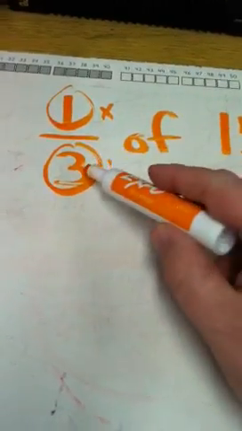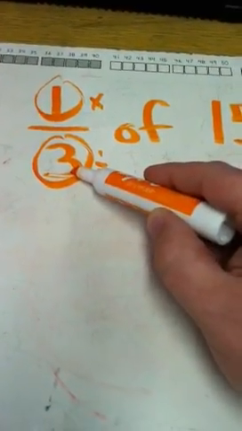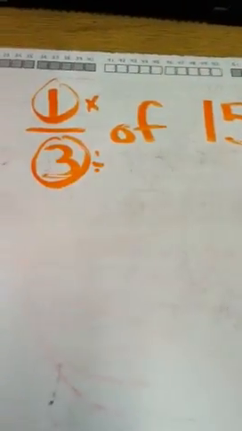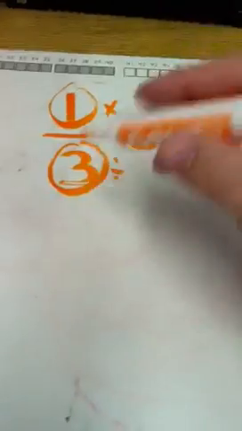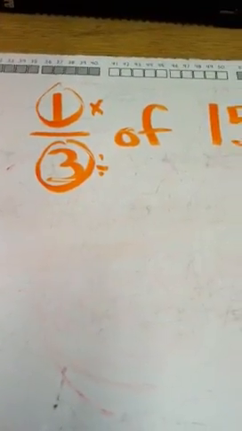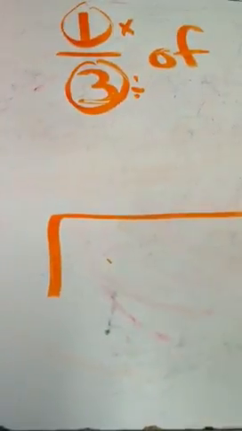So in this case, 15 divided by 3 is 5. 5 times 1 is 5. So that is my answer, and I'm going to put that right here: that's my 1/3 of 15.